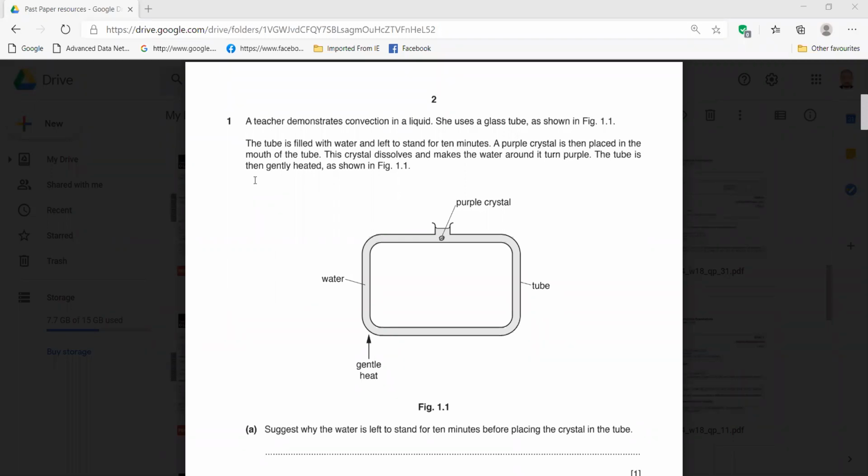Then the second point, convection occurs by density changes of the fluids. Okay, density changes of fluids.